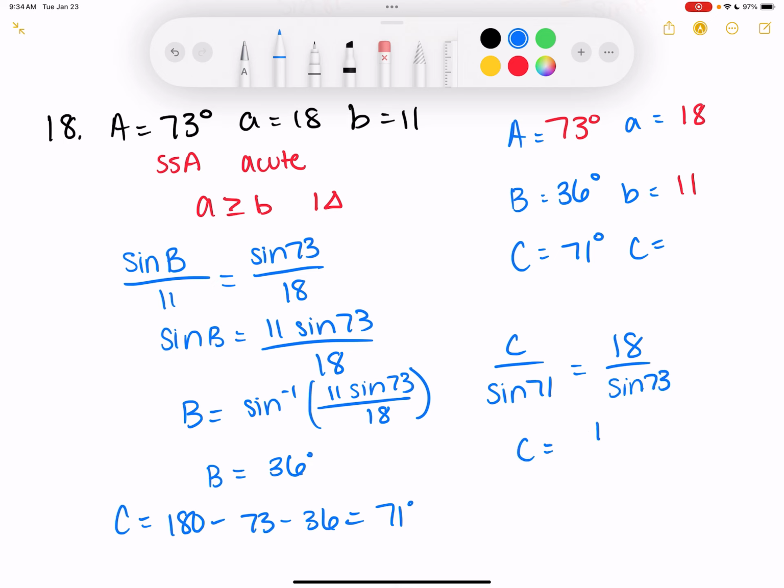So C equals 18 sine of 71 over the sine of 73. You got 18.